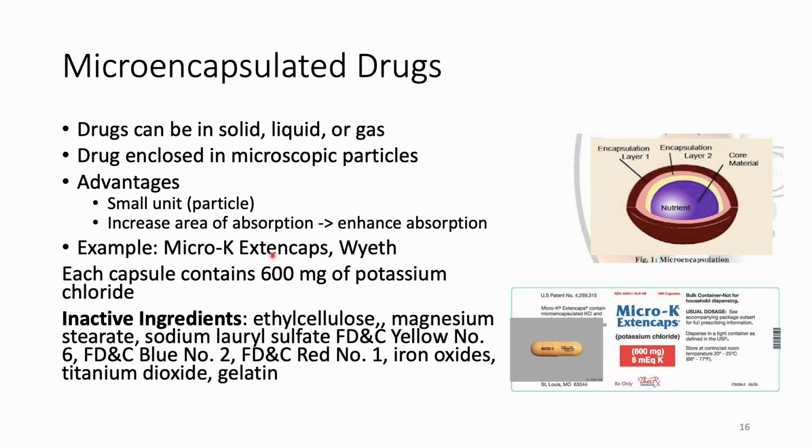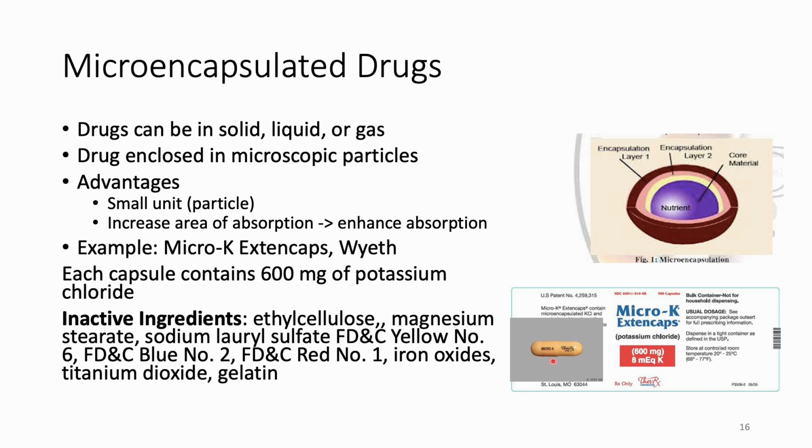An example of microencapsulated drugs is Micro-K Extencaps. This capsule contains the active ingredient potassium chloride at a dose of 600 milligrams per capsule. This is a picture of Micro-K Extencaps.